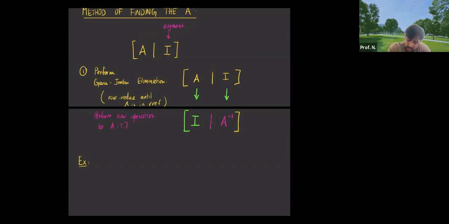This matrix here, so that A becomes I. In doing so, the I on the right becomes A inverse. And this I is on the left.